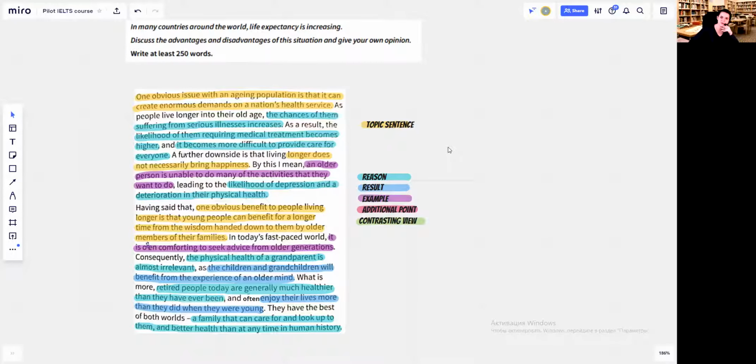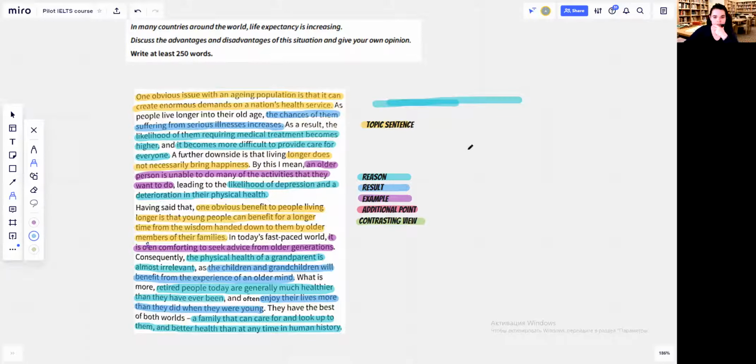Is it really a reason? Wait a second. No, it's a result. Yeah, it's wrong. Let me correct this. I think this is a result of people living longer. So the longer people live, the more chances there are for them to start suffering from serious illnesses.